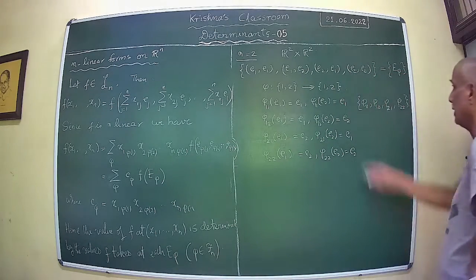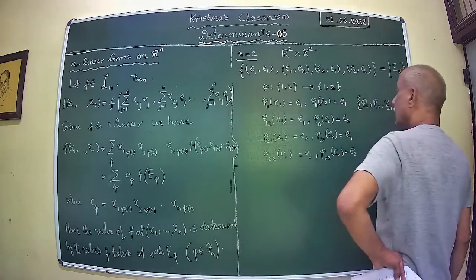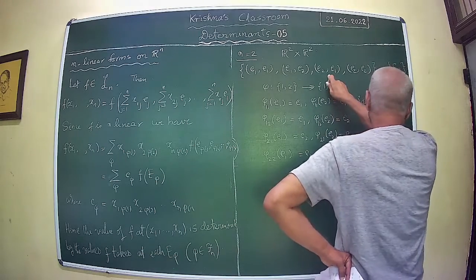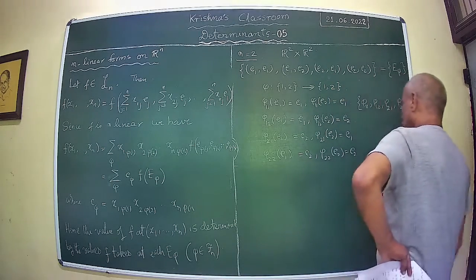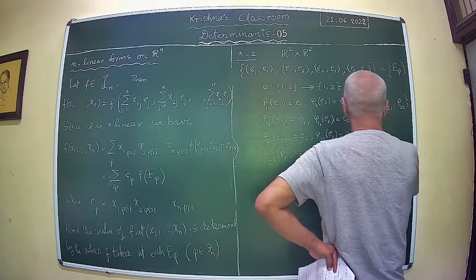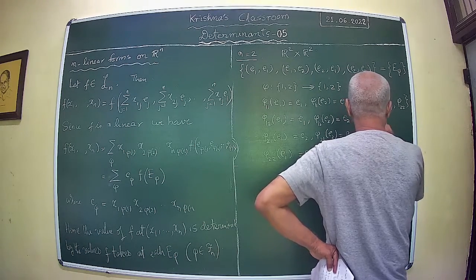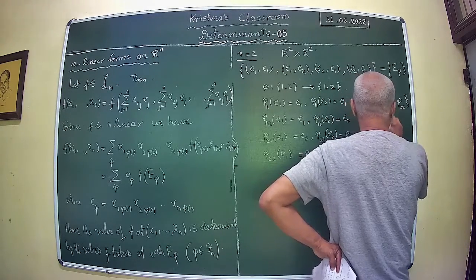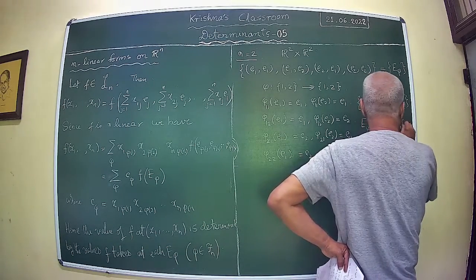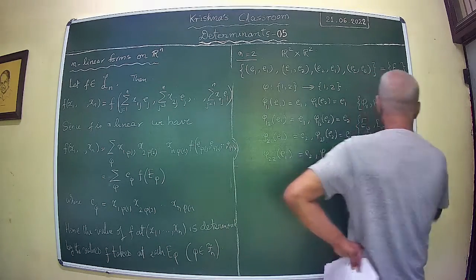Now this I can write as E phi 1 1, E phi 1 2, E phi 2 1 and E phi 2 2. These are the 4 things.